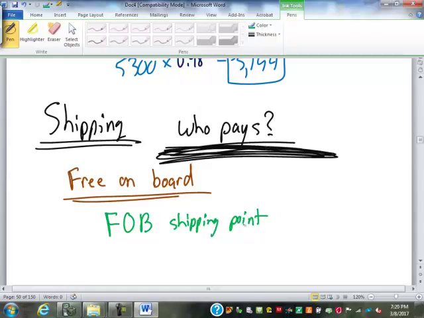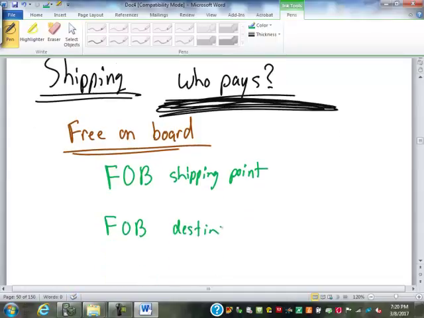There's FOB shipping point and FOB destination. Who is at the shipping point? That's the seller, the sender. That means it is free to the sender, free to the seller.